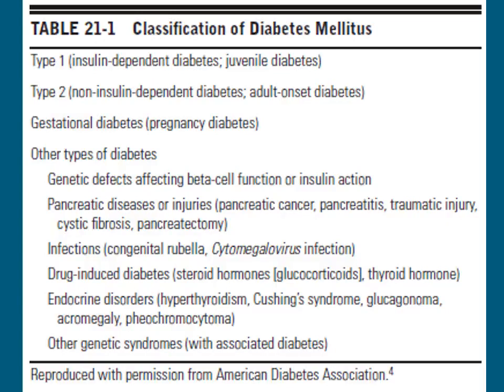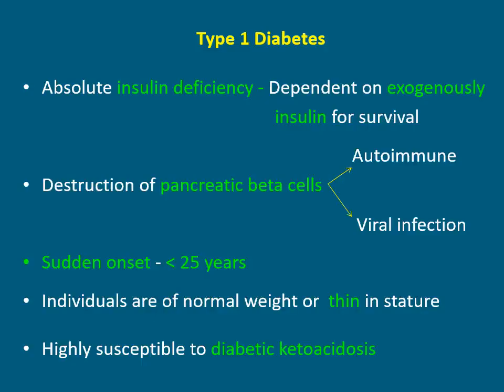Next, type 1 diabetes is absolute insulin deficiency, dependent on exogenous insulin for survival. Autoimmune destruction of pancreatic beta cells and some viral infections can cause it.